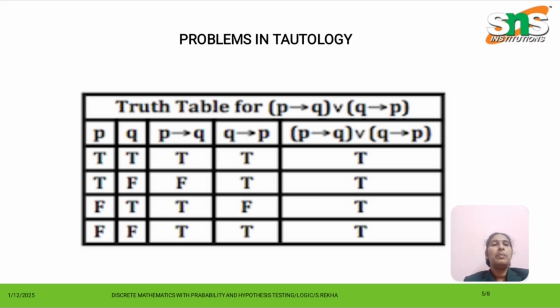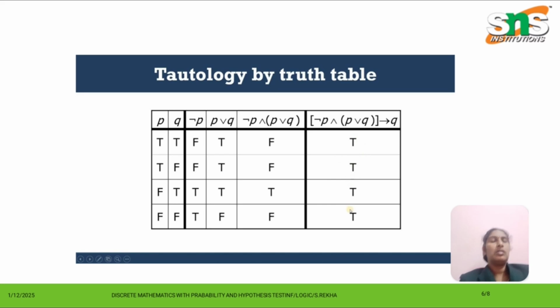Then we apply or: or means both false gives false, otherwise true. But here nothing appears like that, so we can declare it as true. So this is also another tautology problem.